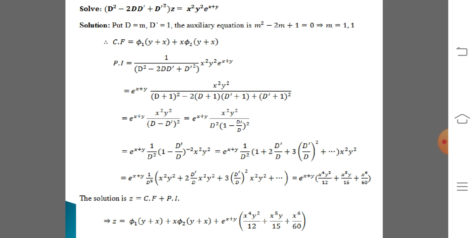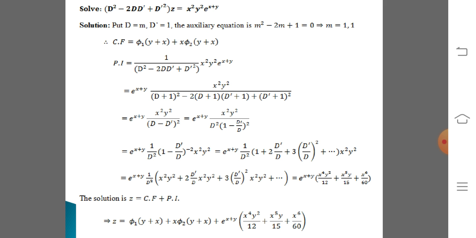Simultaneously, you have to replace D by D plus a and D dash by D dash plus b. Okay. So, here the value of a and b are equal to 1. So, you write e power x plus y at the front, simultaneously you put D equal to D plus 1 and D dash equal to D dash plus 1.